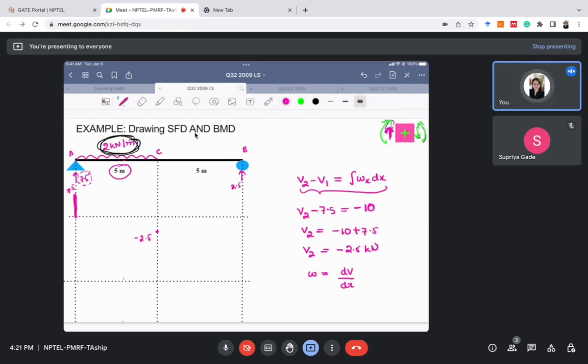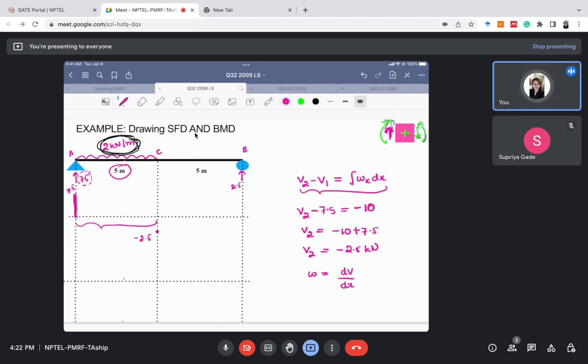So as I've told you earlier, downward load I'll consider as negative. So what is the intensity of the distributed load? For the section AC I'm talking about, the distributed load is downward, so I'll consider it as negative and constant.